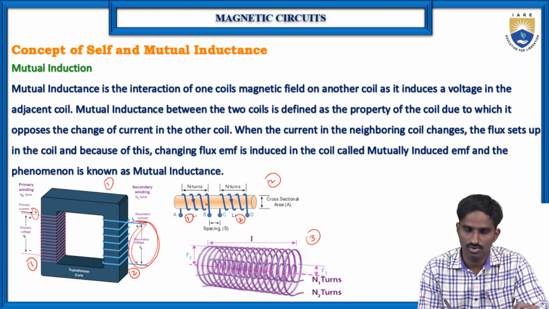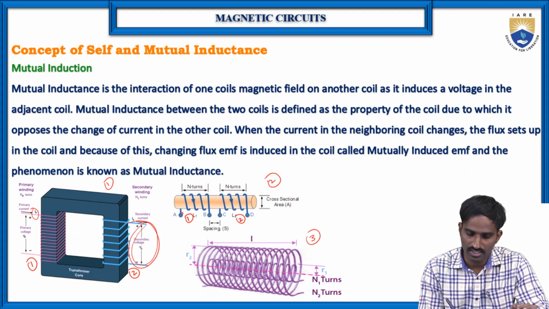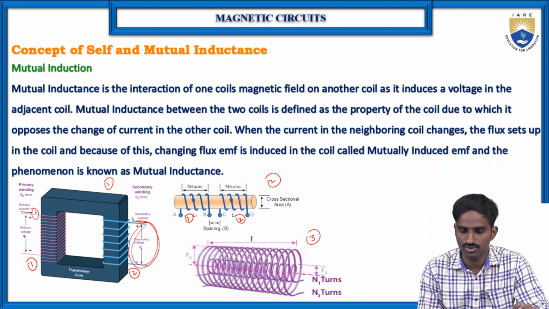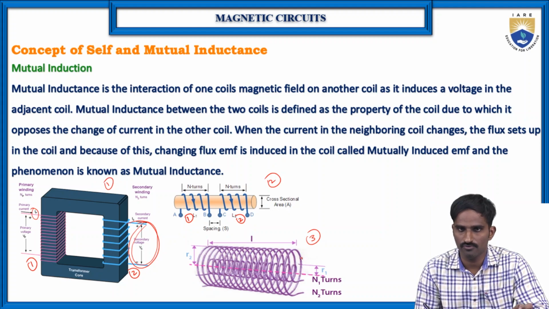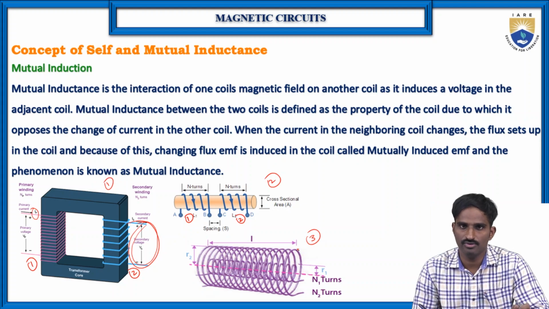Similarly here, the change of current in coil 1 produces a voltage across coil 2. The same way here, one coil is placed inside another. Of course, you must maintain some air gap between the primary and secondary coils.